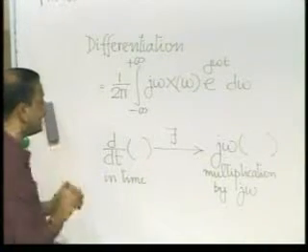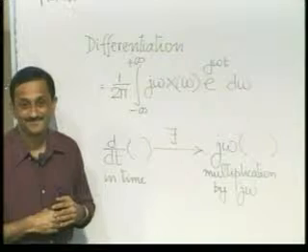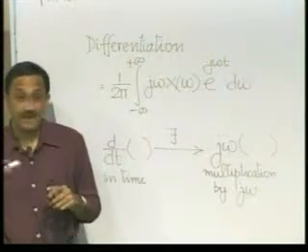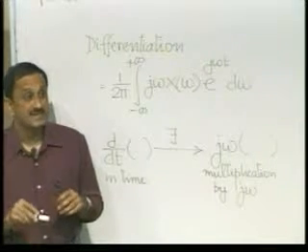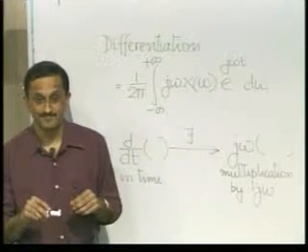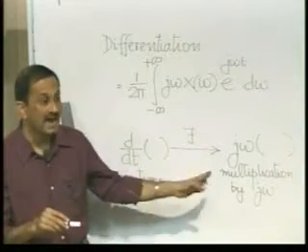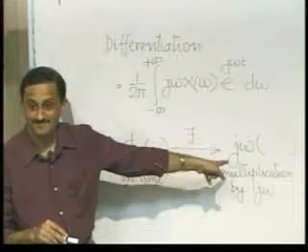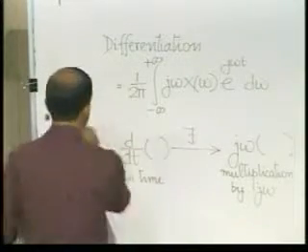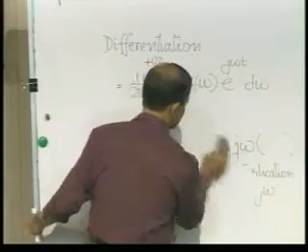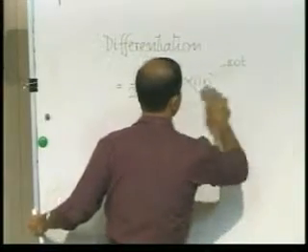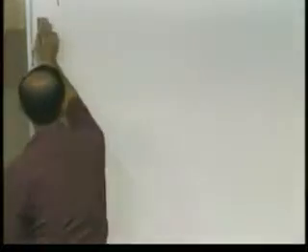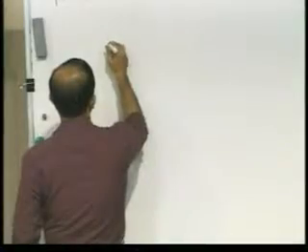Now, duality tells us something very interesting. It tells us that if I multiply a function by t in time, then I should have an operation similar to differentiation in frequency. Let us establish that. So, multiplication by t.